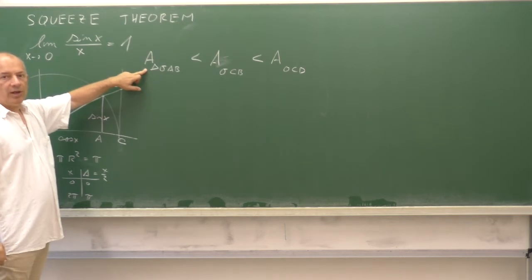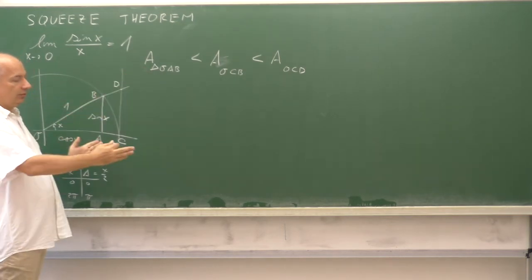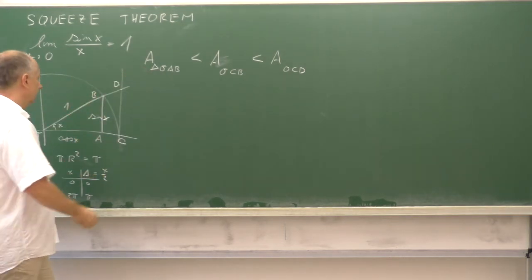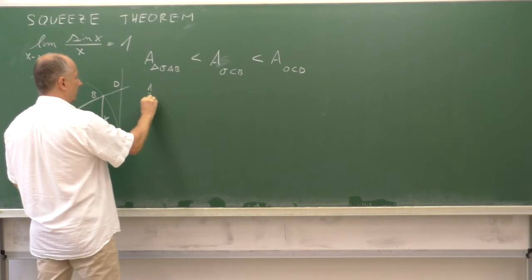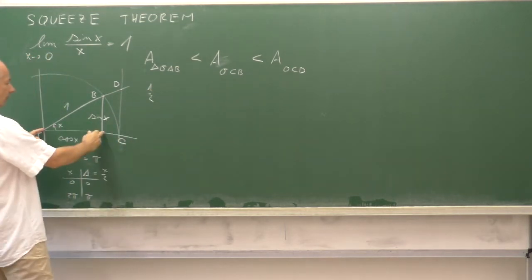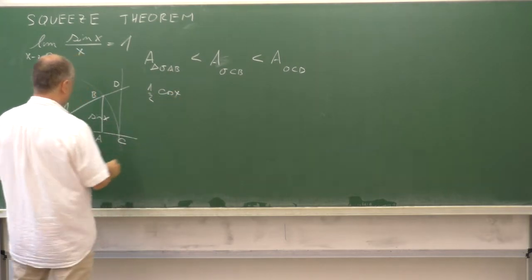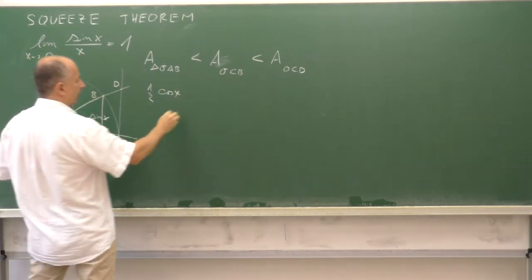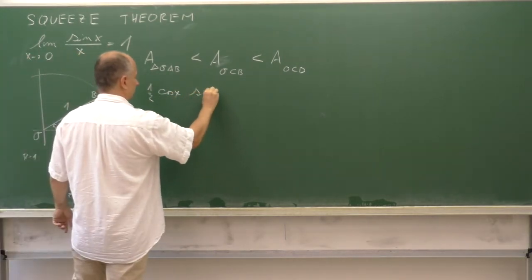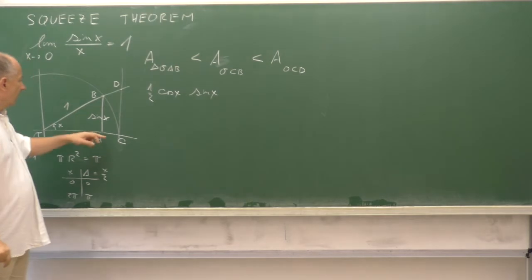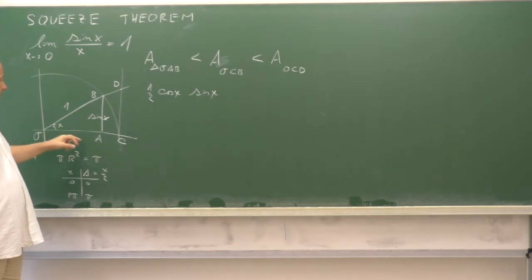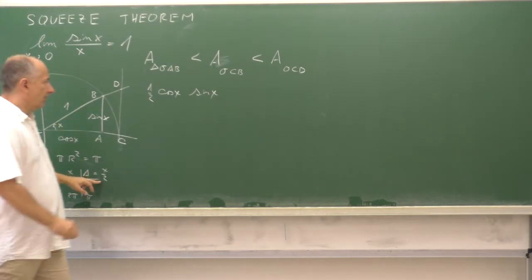But the area of a triangle is 1/2 of the product of the base times the height. So we have 1/2, base is cosine of x, and the height is sine of x. The area of this part of the circle, OCB, is x/2.